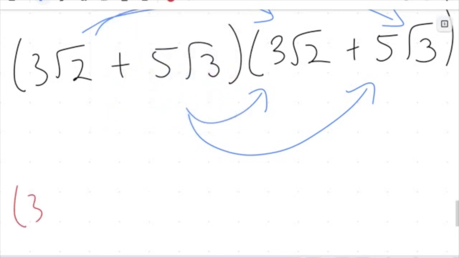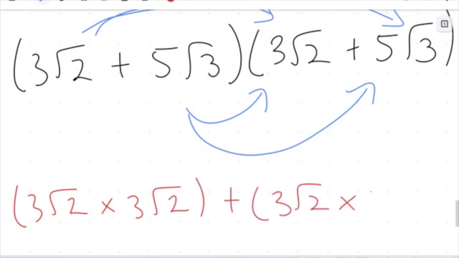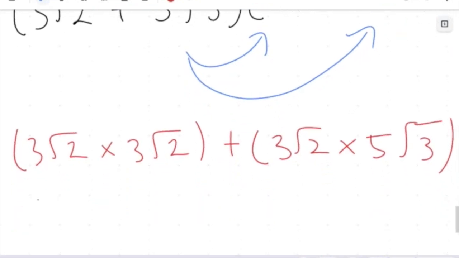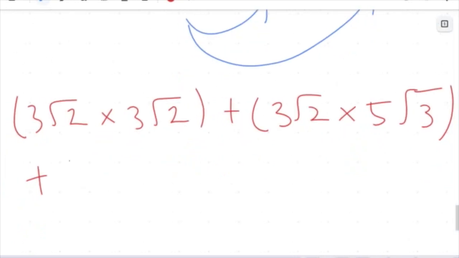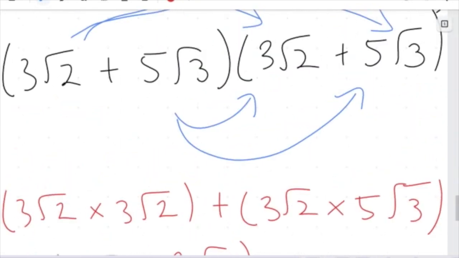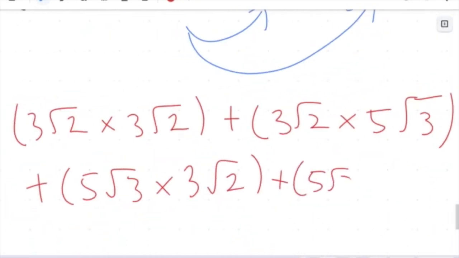So this gives us 3 root 2 times 3 root 2 plus 3 root 2 times 5 root 3 plus 5 root 3 times 3 root 2. And finally, we're adding 5 root 3 times 5 root 3.